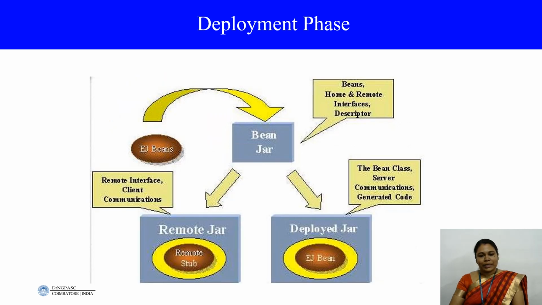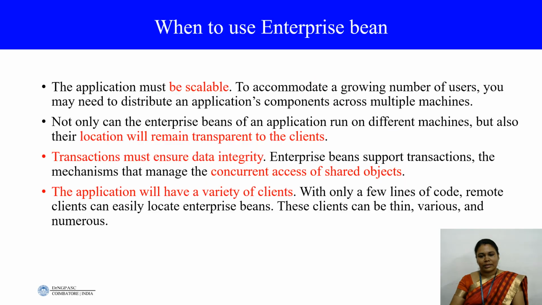And in two ways we can deploy this Java bean, which provides jar files. One way is a remote jar and another way is a deployed jar. In the remote jar, we use remote interfaces for client communication. And in the deployed jar, the bean class, server communications, and code are generated.